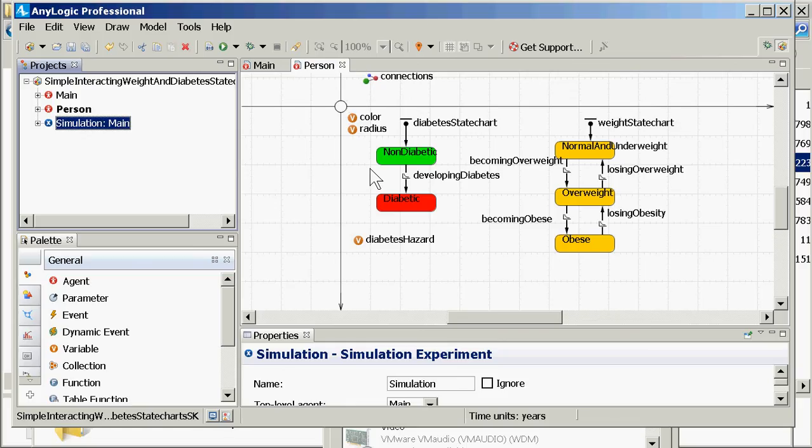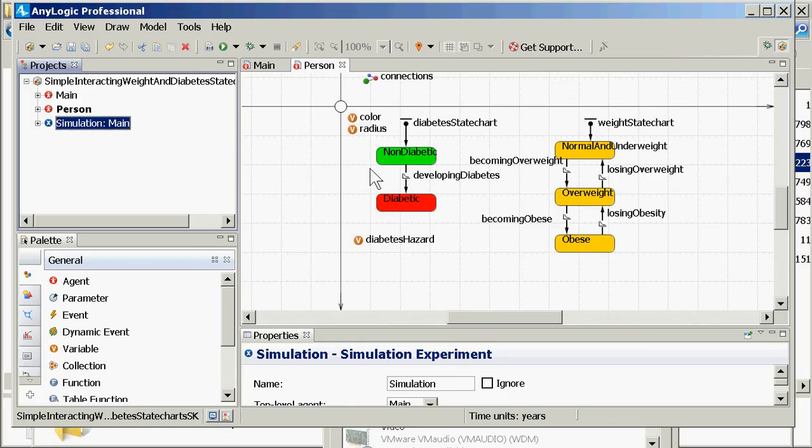Here we'll leave it this way. What I've shown you is the ways in which you can describe multiple conditions for a person using state charts, and we can have those conditions interact with each other through variables, with one state chart influencing the likelihood of changing states for the other state chart.